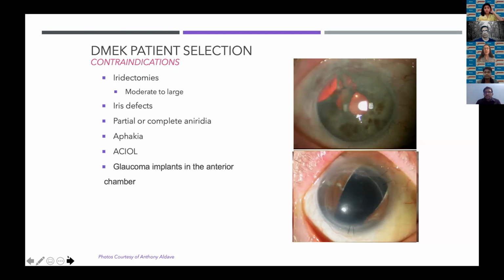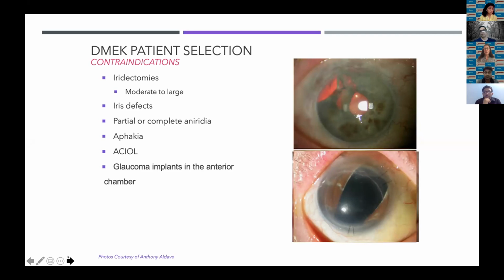Aphakia, if you do have a patient, however, who is aphakic and they have a good amount of iris there, then you can in fact consider a DMEK in that patient, a little bit more advanced. However, usually with aphakic patients, you're also going to have big iris defects. I would not recommend it. A patient with an ACIOL, you probably are going to be better off doing a DSEK in that patient rather than the DMEK.